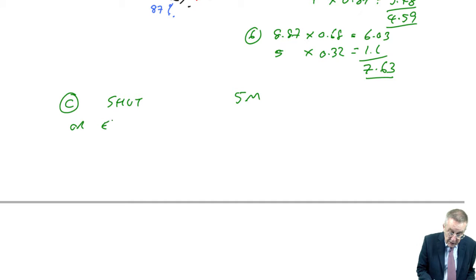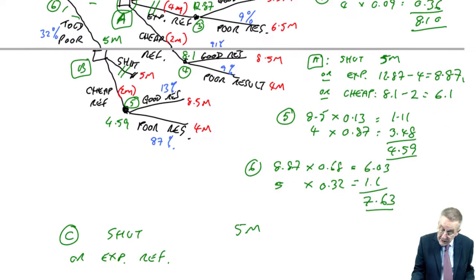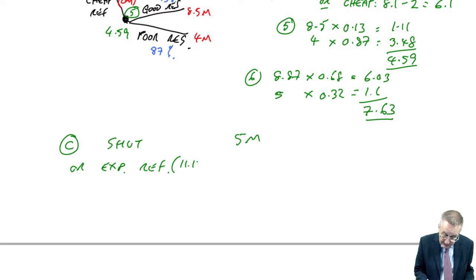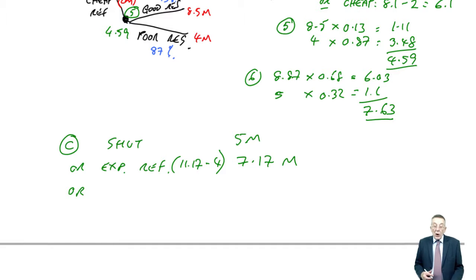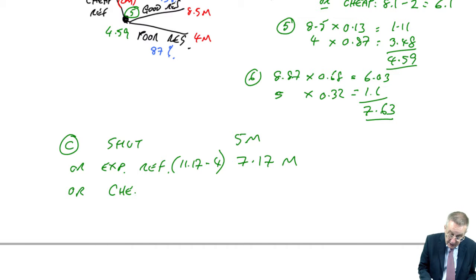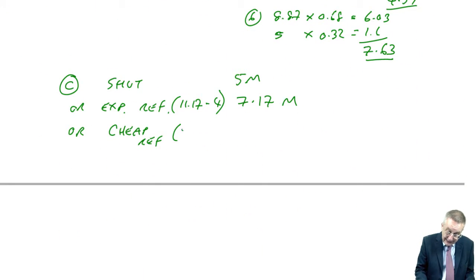The second option was to do the expensive refurbishment: we pay out 4 and get back an expected 11.17, so a net 7.17. Or we do the cheap refurbishment: we pay out 2 and get back 7, a net 5 million.